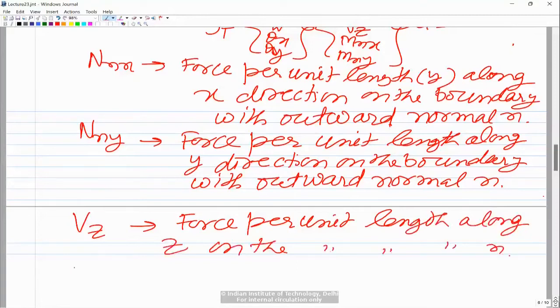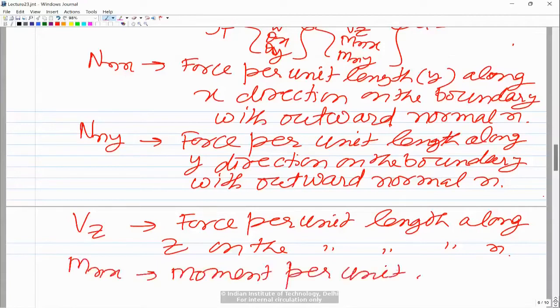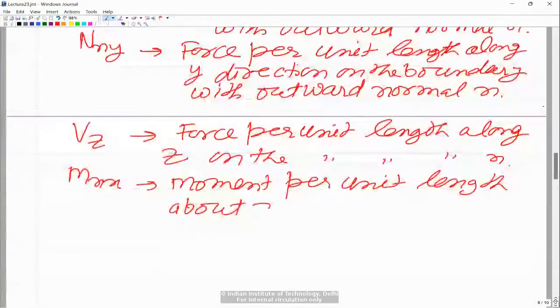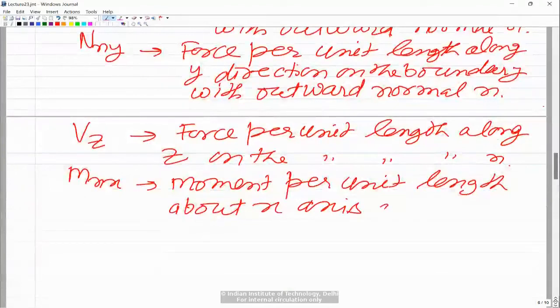And then similarly mnx is the moment per unit length, so this is also per unit length, moment about the x-axis, on the boundary with outward normal n.